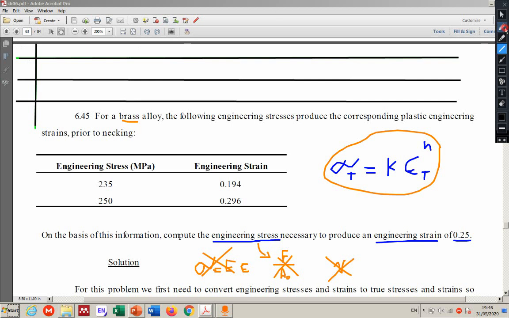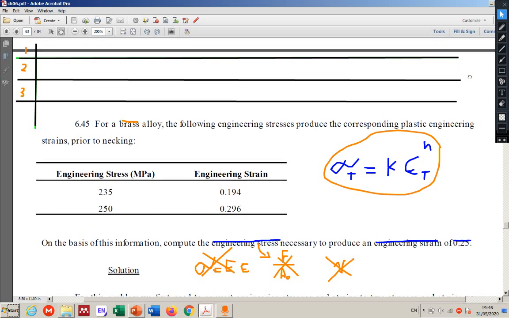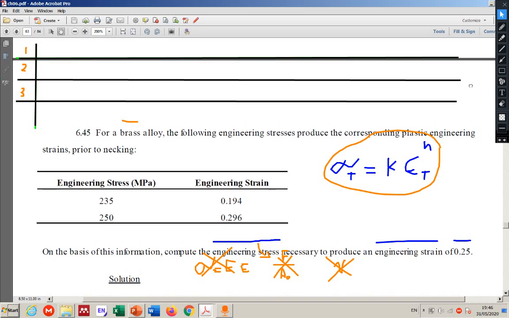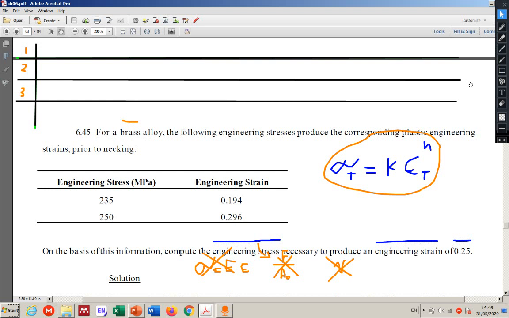Okay. Now we have three cases here: 1, 2, 3. We have three cases that we're gonna explain here.